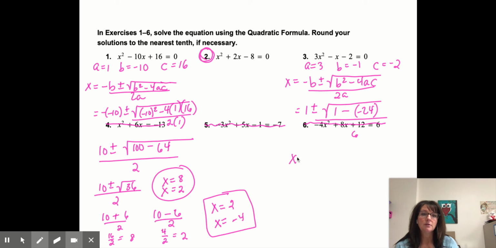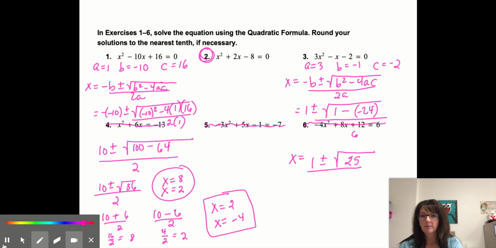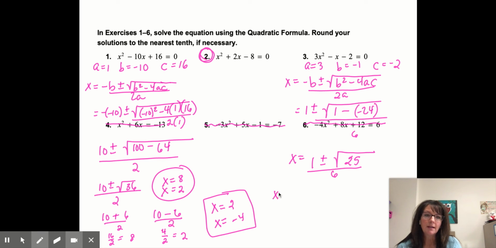Okay, so x is equal to 1 plus or minus. Well, when you take the opposite of -24, you're going to have 1 plus 24, so you'll have 25 and 6. So we get x is equal to 1 plus 5 divided by 6, and x is equal to 1 minus 5 divided by 6.